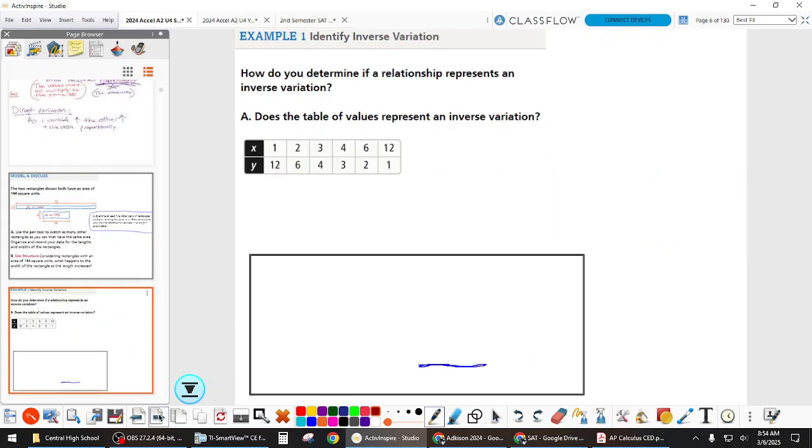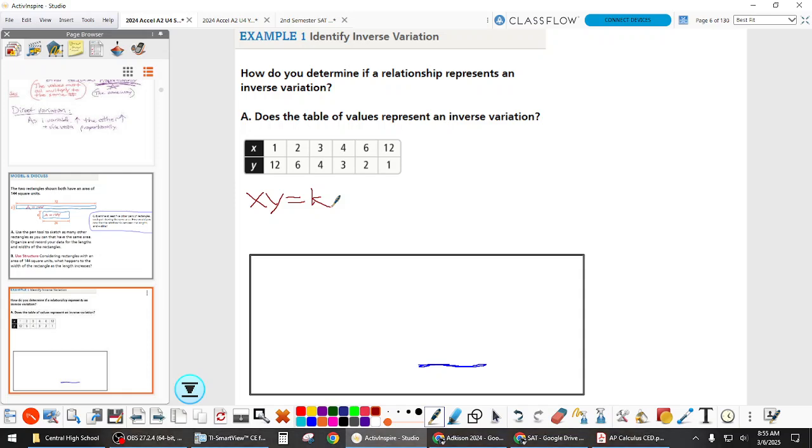All right, so here's an example of K. If we take X, Y, what is the constant product throughout here? 2, 3. X times Y equals K. Any other numbers to throw out? 5.